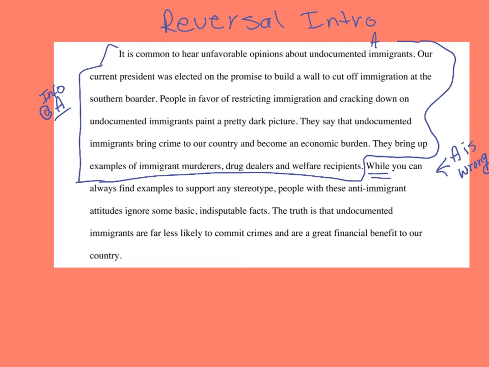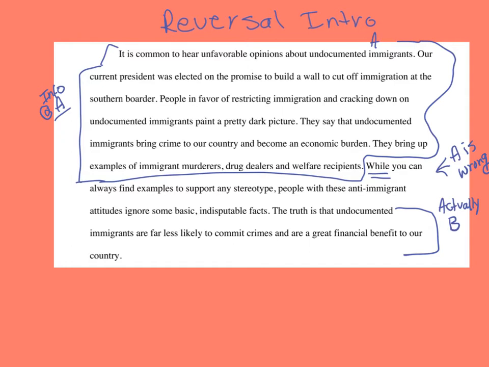The truth is that undocumented immigrants are far less likely to commit crimes and are a great financial benefit to our country. So my thesis statement says, actually, B, the opposite.